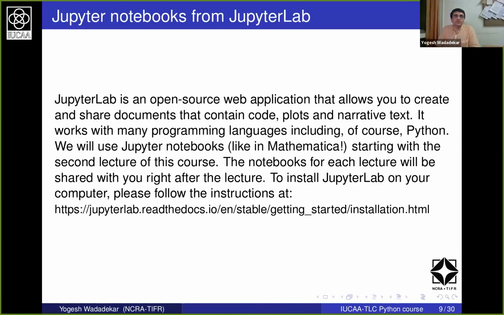Jupyter is an open source web application that allows you to create and share very rich documents. They may contain code, they may contain plots, they may contain simple narrative text. It works with many programming languages, so you can write a Jupyter notebook that uses R or some other programming language. But of course, it was first created for, and works widely with, Python.